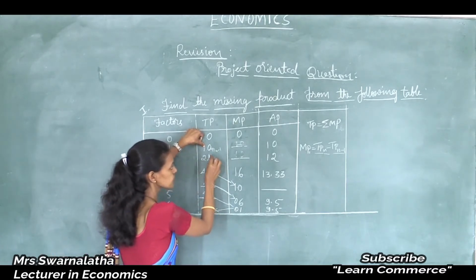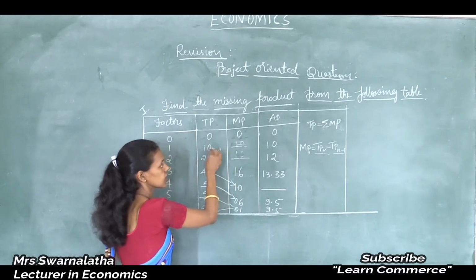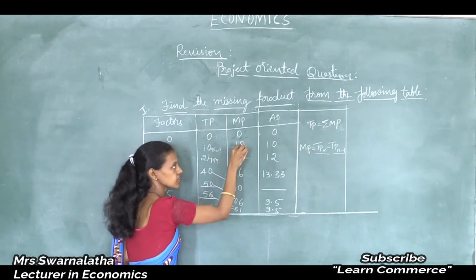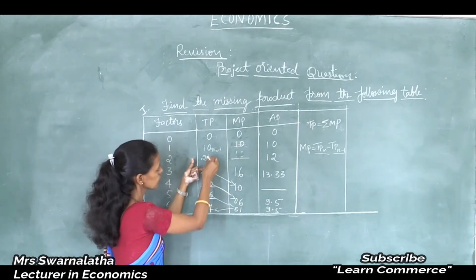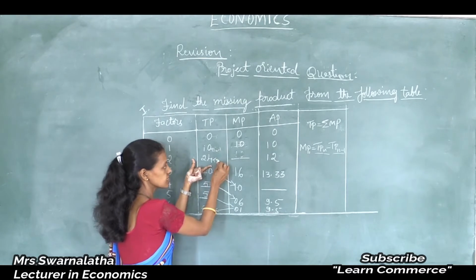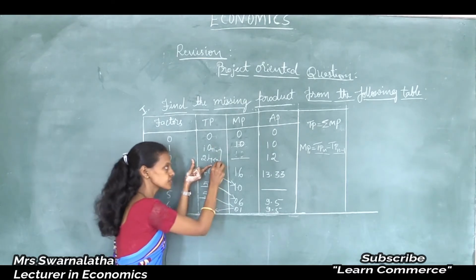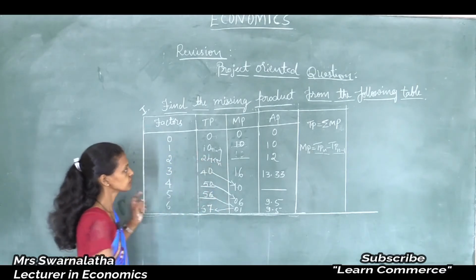Thus, here you should keep 10 minus 0 as it is, 10 again, 24 minus 10. This is the total product TP. TPN is 24, TPN minus 1 is 10.